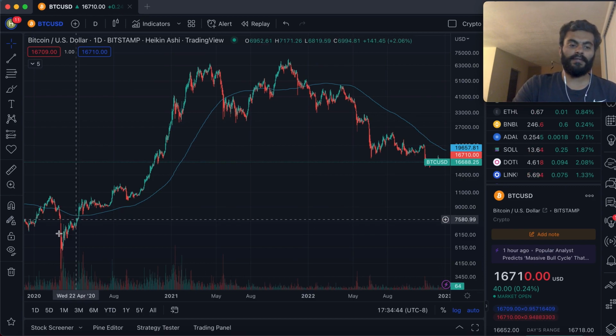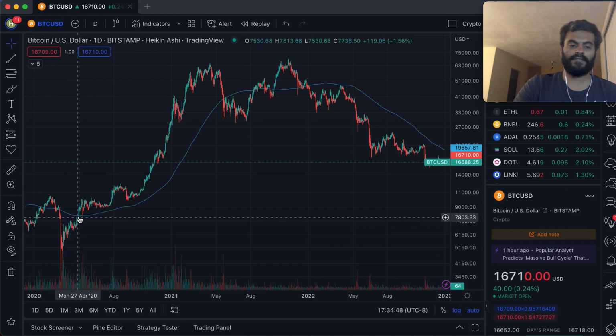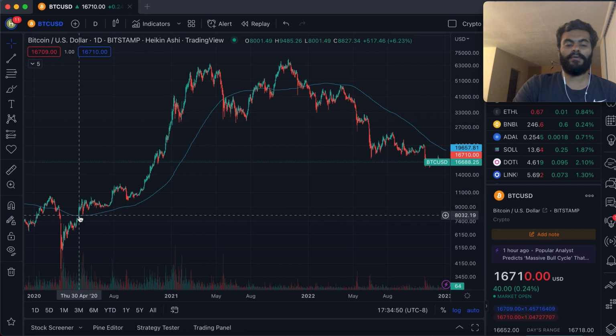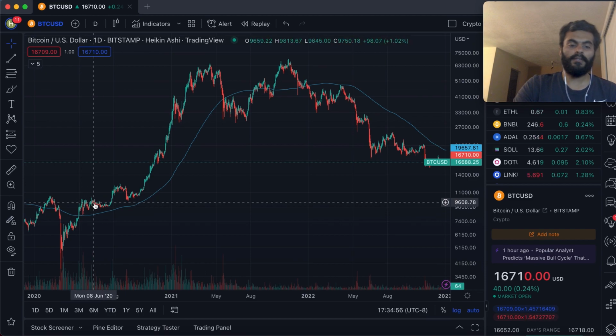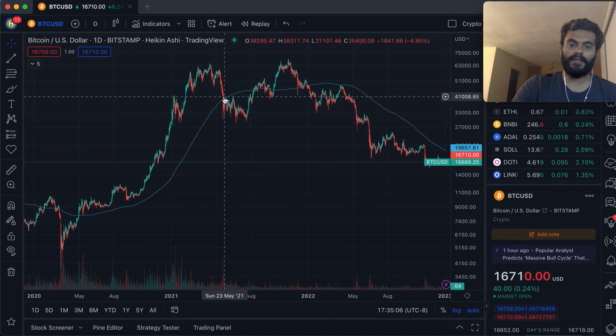So for example, in the first phase of the cycle, Bitcoin broke this 200-day simple moving average and rallied beyond this point, and it held this 200 SMA as a support. And this rally continued from April of 2020 up until May of 2021, so almost 13 months of bullish action.